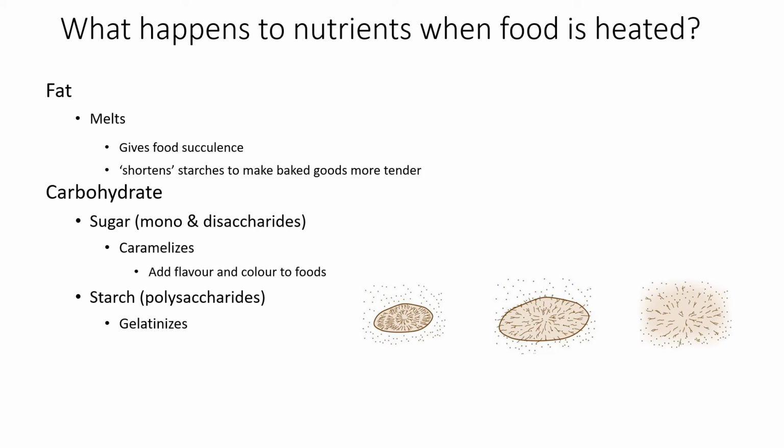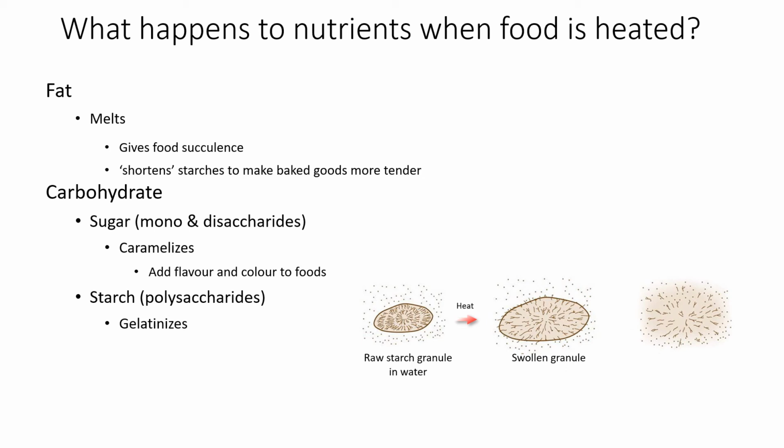When you think about roux, which is a thickening agent often used in soups and sauces, it's just a fat and a flour. The fat really just helps to disperse and distribute the starch throughout the liquid without clumping together. That's really one of the main reasons the fat is in there. But the starch, it will absorb moisture, and when we add heat, it'll soak in the water and it'll start to swell.